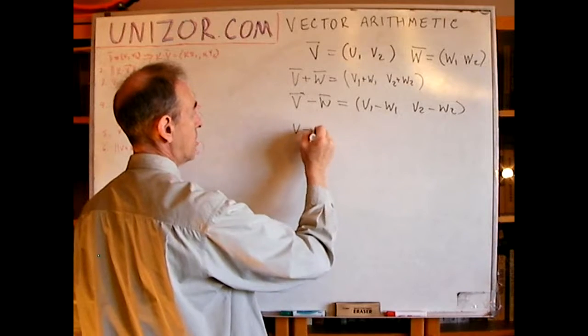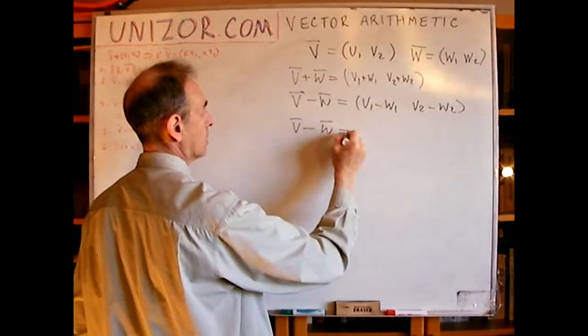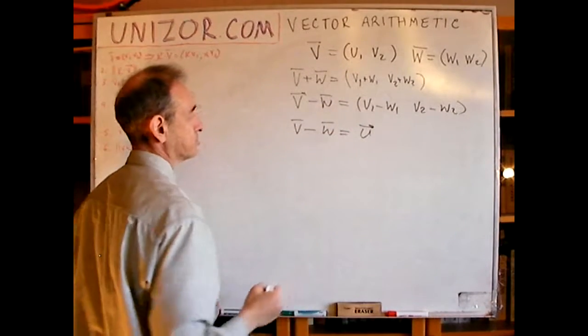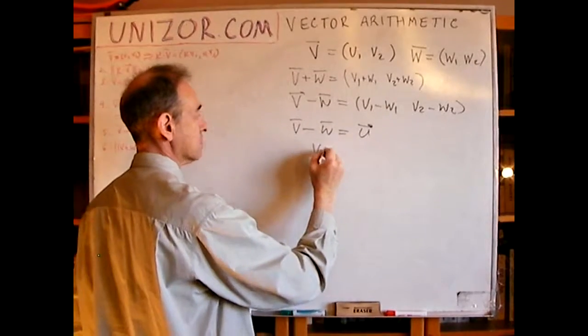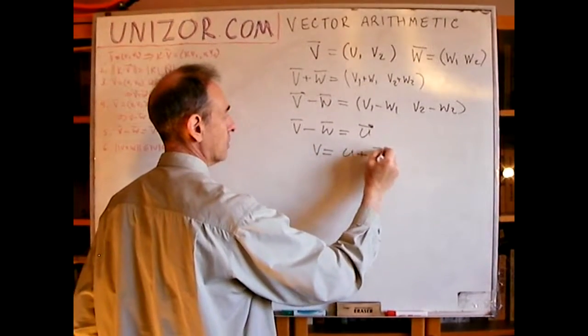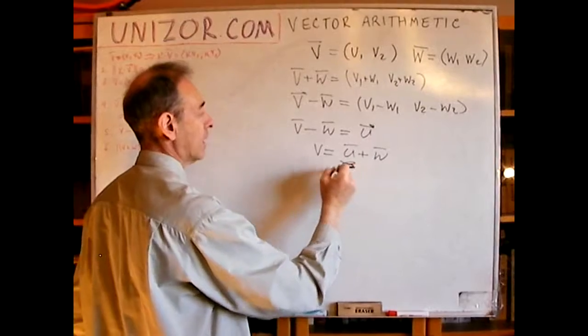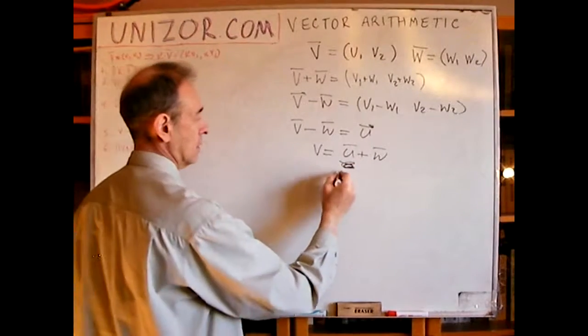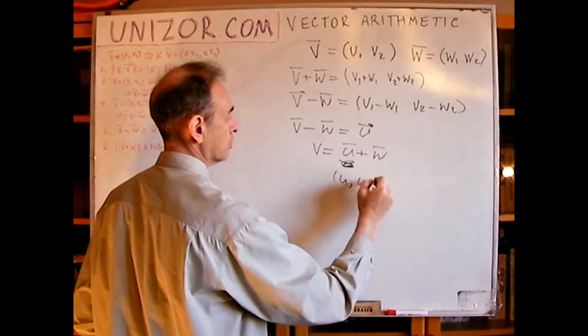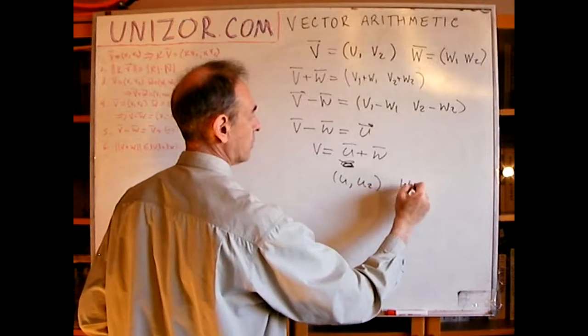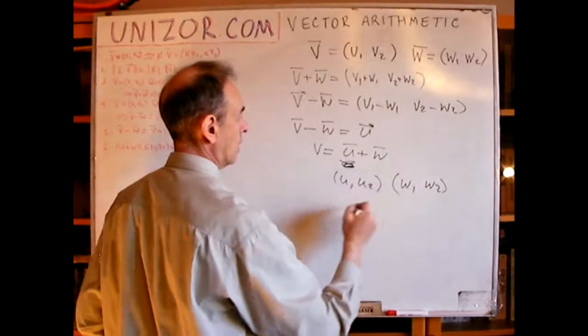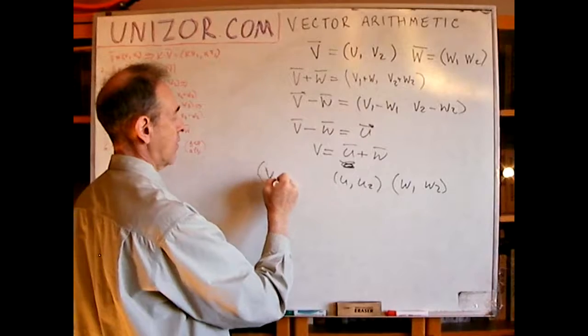if V minus W equals U, what does it mean? It means V is equal to U plus W. So U has to have coordinates U1, U2. This is W1, W2. And V is V1, V2.